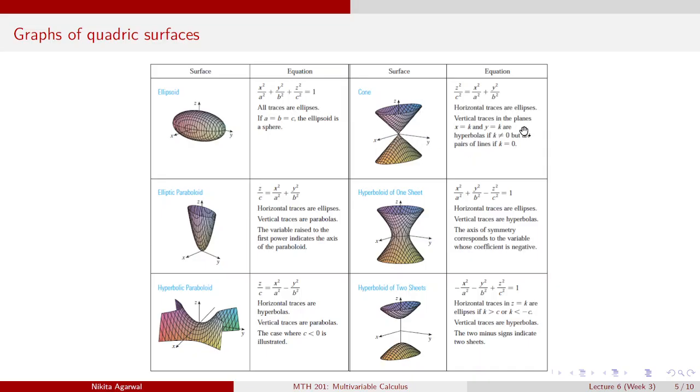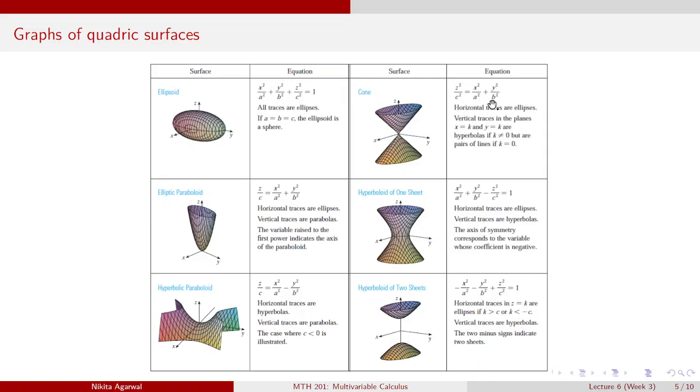Now, when you take vertical traces, meaning x equal to a constant or y equal to a constant. If you put x equal to a constant, what do you get? You get a hyperbola, right? Because if x is a constant, if x is equal to k, you can bring this term to this side and you will get a constant. But if x is equal to 0, let's say you don't have this term, you get z square by c square equal to y square by b square.